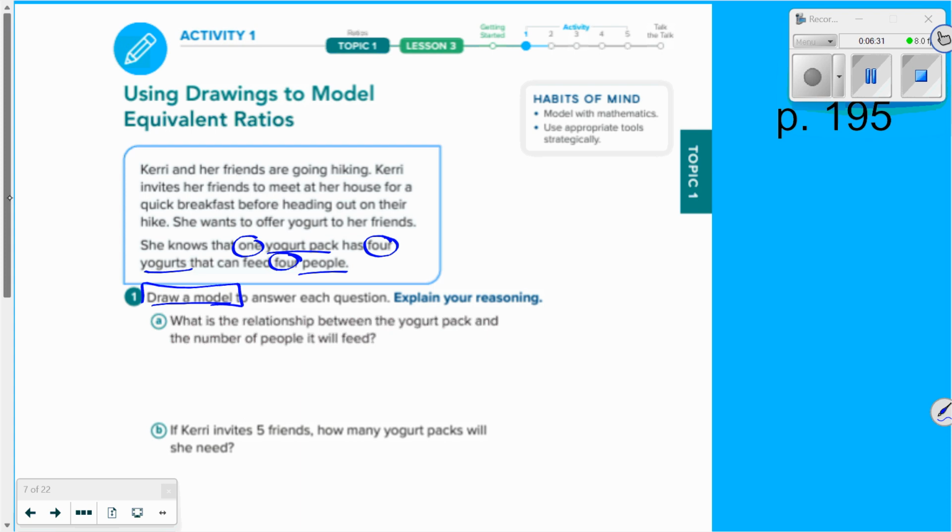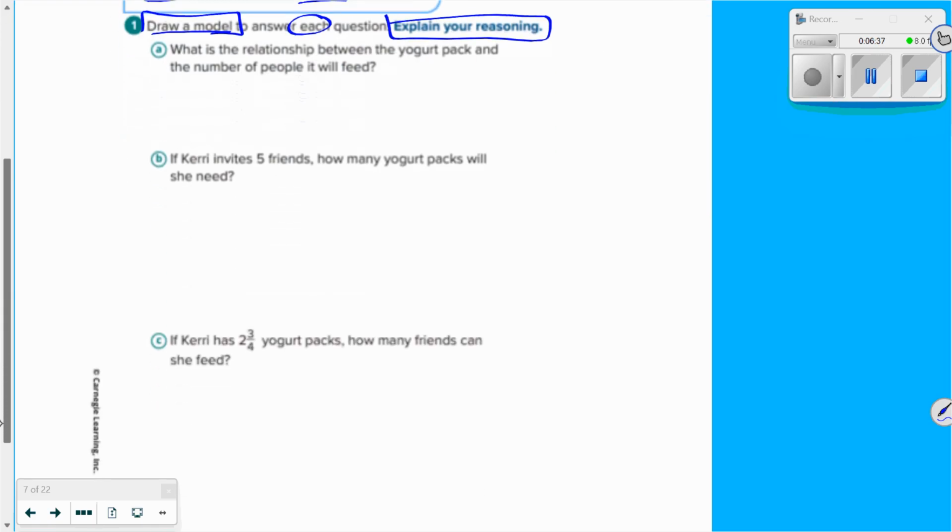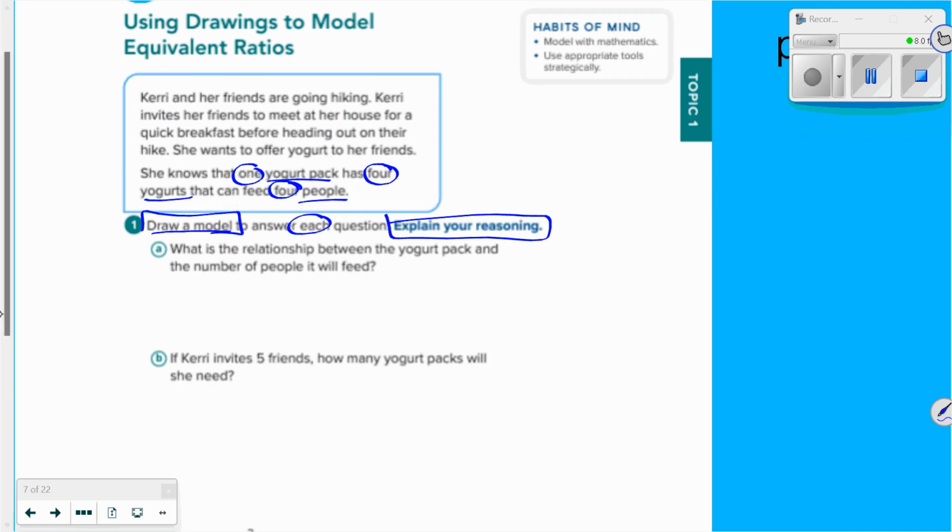We need to draw a model, answer the question, and then explain our reasoning. They've given you 3 different problems. Because you're going to need to draw a model, I know this is going to take you a little bit longer. We'll give you 8 minutes. Work through the 3, make sure you've drawn your model, and then explained your reasoning for your answer. Everybody clear on what we're doing?